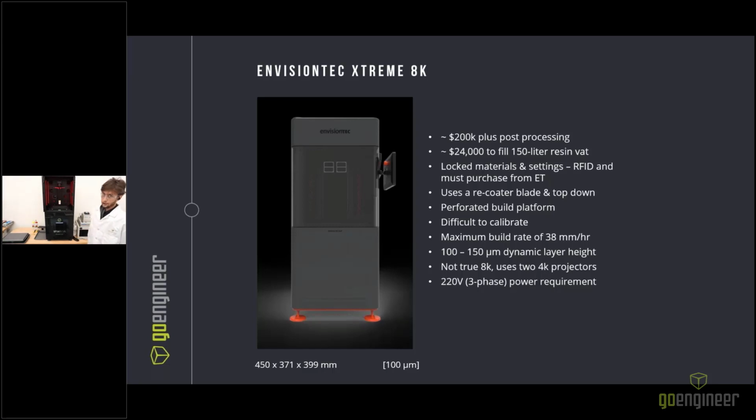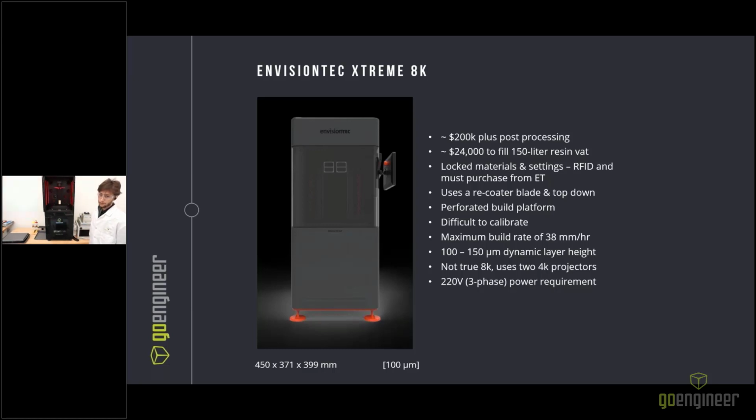So material changes are not straightforward, and you probably will have a dedicated machine or vat for each of your materials. This uses a recoater blade and a top-down process, sort of hybridizing SLA and DLP.